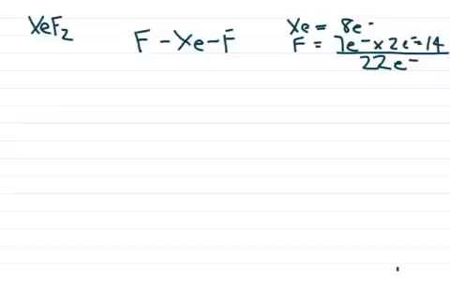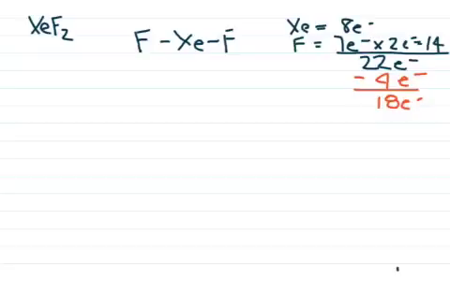Next, we're going to draw what we know. So right now we have 2 single bonds. That means we take out 4 electrons, because one single bond is 2 electrons. So that gives us 18 electrons left over, or 9 lone pairs.